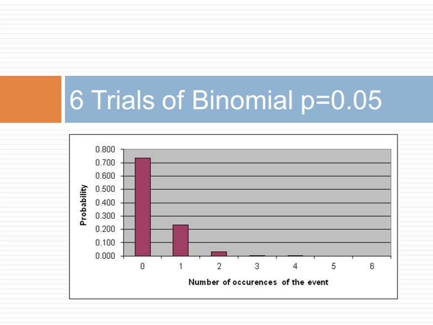Let us now go back to the patient elopement example, where the monthly probability of elopement was 5%. Over a 6-month period, we are most likely to see no patient's elopement. There is a 23% chance of seeing 1 elopement, and there is a 3% chance of seeing 2 elopements.